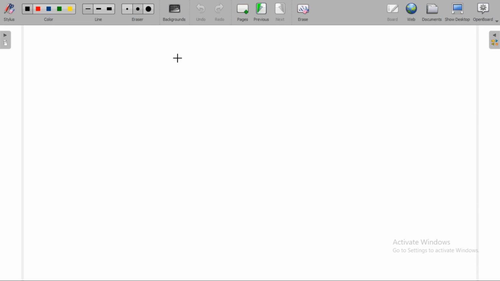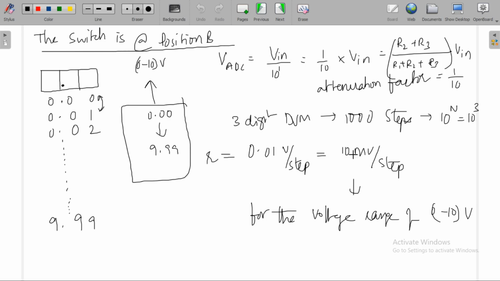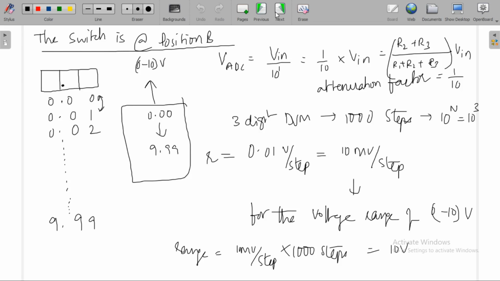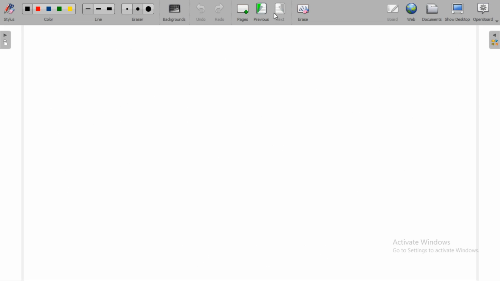You can also get the range if you know this resolution. The range is equal to 10 millivolts per step into 1000 steps, then you're going to get 10 volts. This is the range of the instrument.